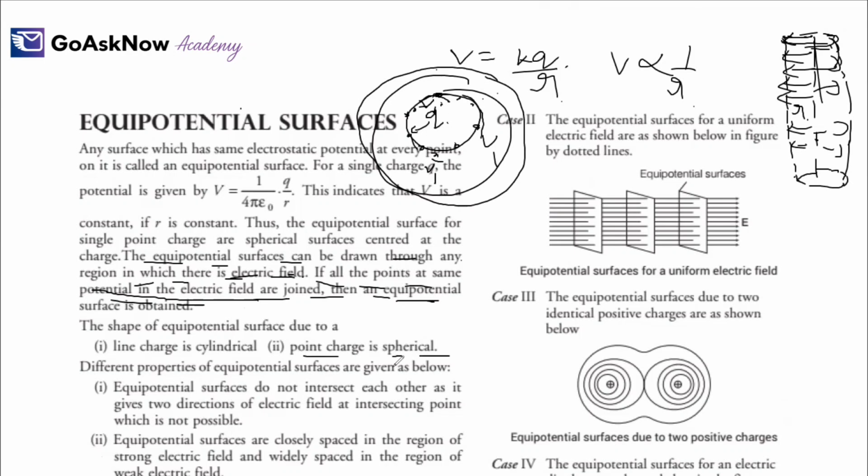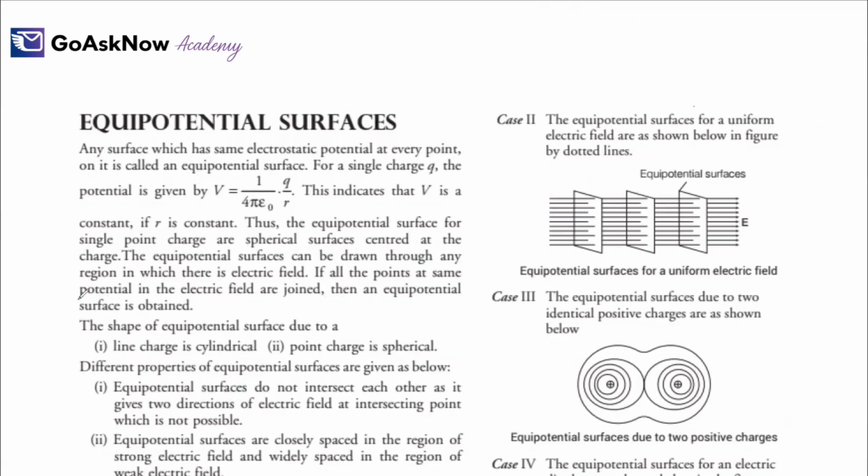Different properties of equipotential surfaces are given as below. Let's clear the drawing and see what the properties are. Equipotential surfaces do not intersect each other, as it would give two directions of electric field at the intersecting point, which is not possible.